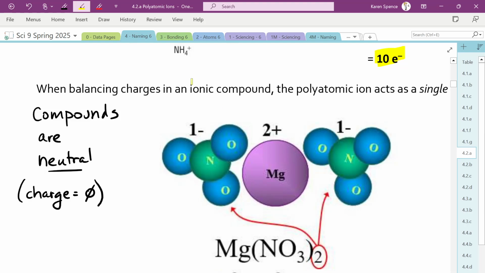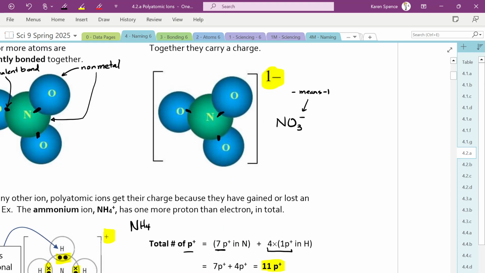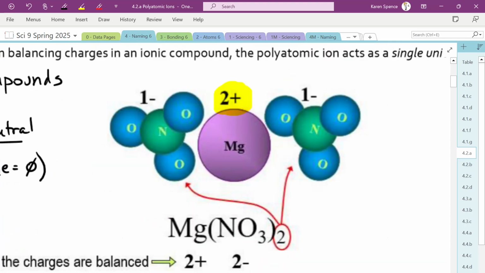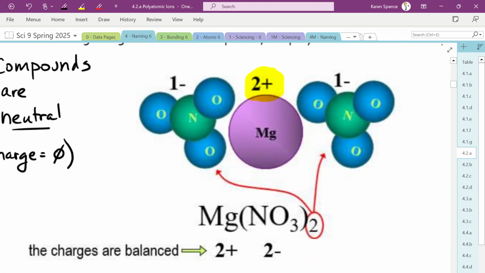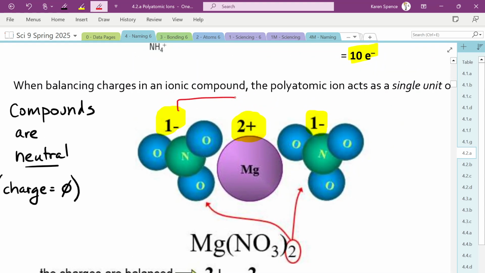Okay, so magnesium is here, and it is 2+. Nitrate, we were just told, back up here, that it has a -1 charge. And so if we want our compound to be neutral, we need to have not 1 nitrate, but we need to have 2 nitrates. All right, that'll give us a total of 2-. Okay, and that gives us 2- and 2+ gives us an overall neutral charge.